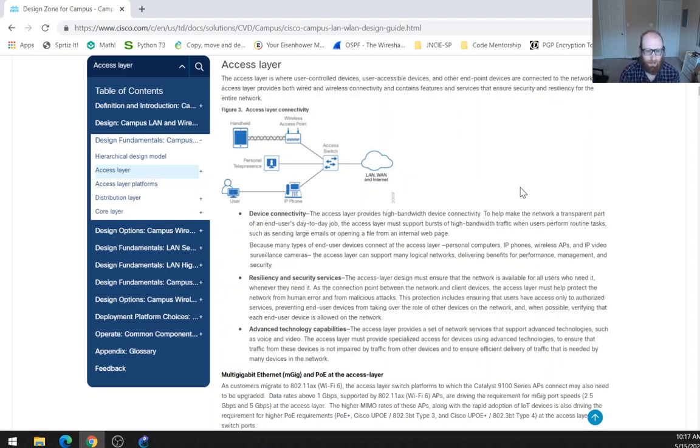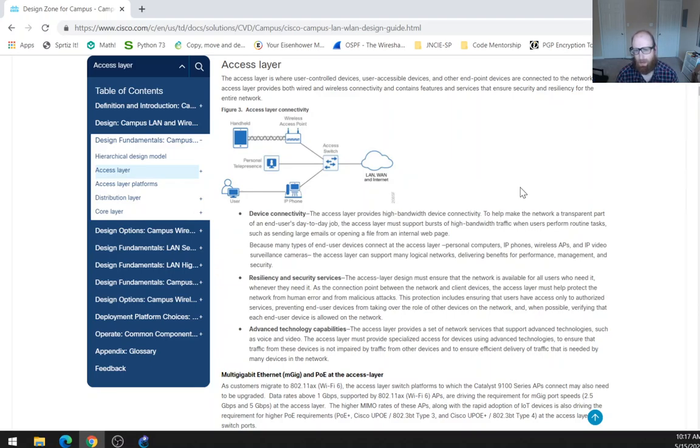Alright, so this is device connectivity. The access layer provides high bandwidth device connectivity to help make the network a transparent part of an end user's day-to-day job. The access layer must support bursts of high bandwidth traffic where users perform routine tasks such as sending large emails or opening a file from an internal web page.